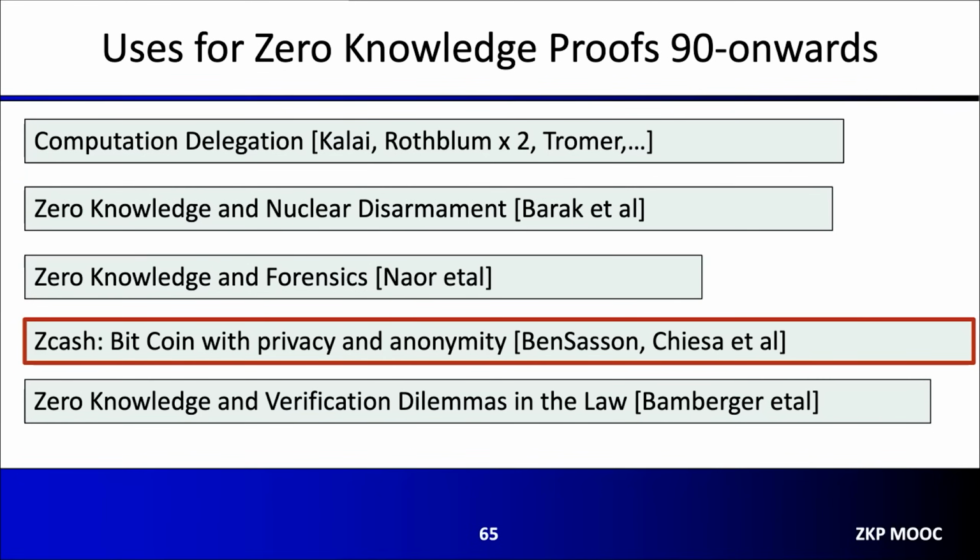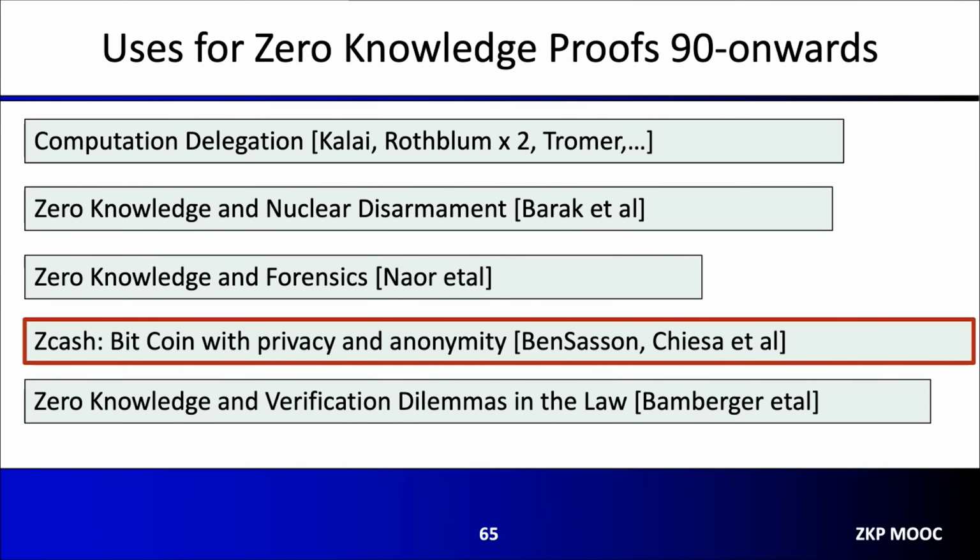But in the context of this class and the huge boom that has happened in zero knowledge, it mostly started with a paper by Ben-Sasson, Chiesa, and others on how to do Bitcoin in a private and anonymous manner, adding ZK proofs in the context of cryptocurrency.